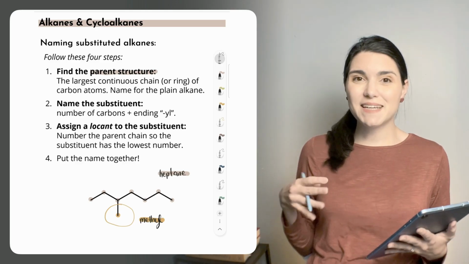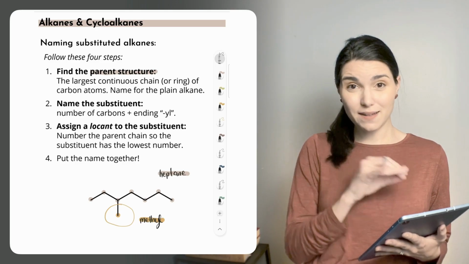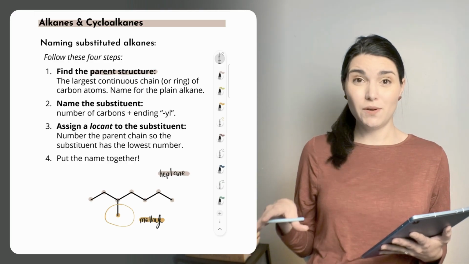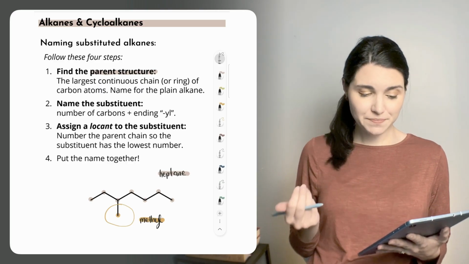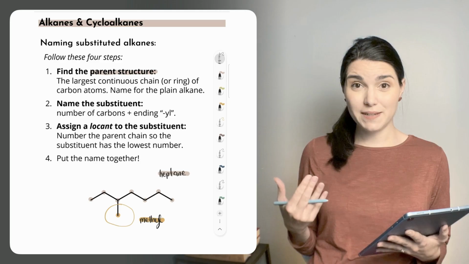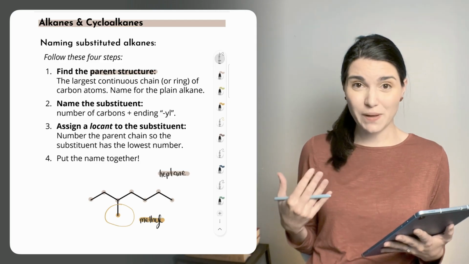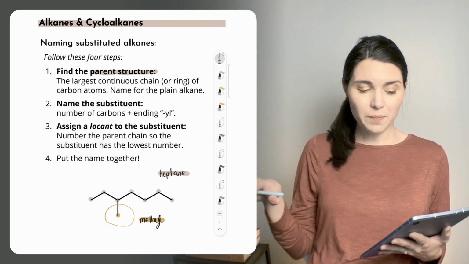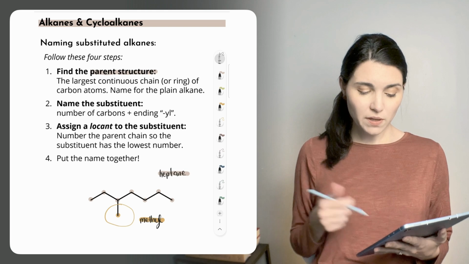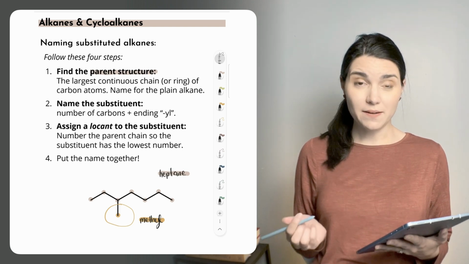Now, the next step is that we have to assign a locant to the substituent. A locant is like an address so that you know exactly where to find the substituent along the parent structure chain. And so first, before we can assign it an address or a locant, we need to number the whole parent structure. So if we look at our 7-carbon chain, we have 2 choices.